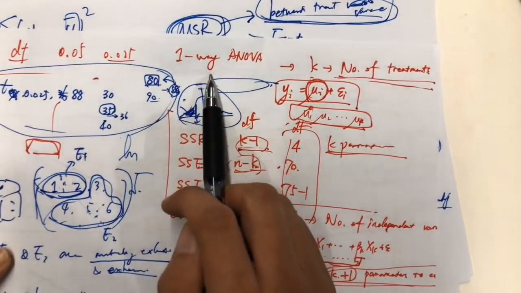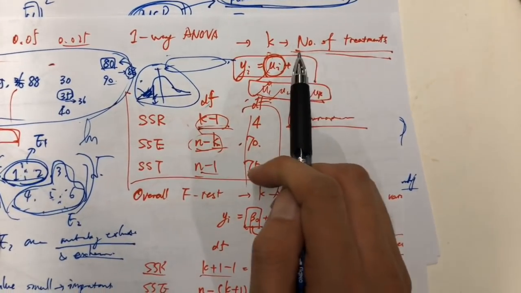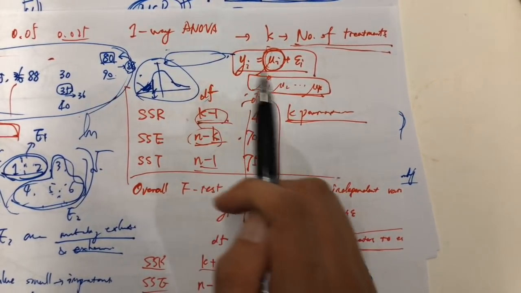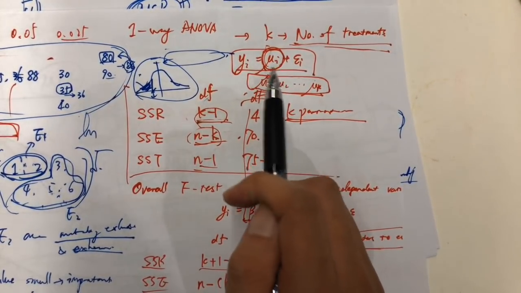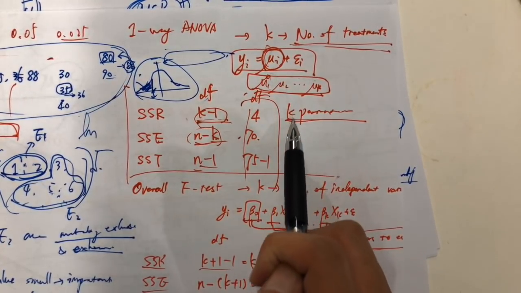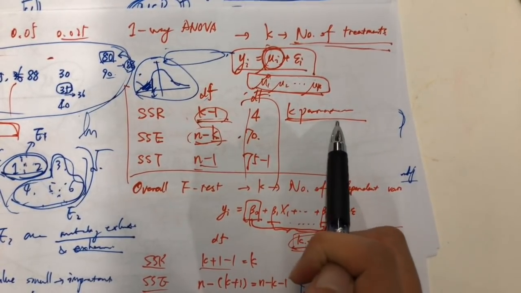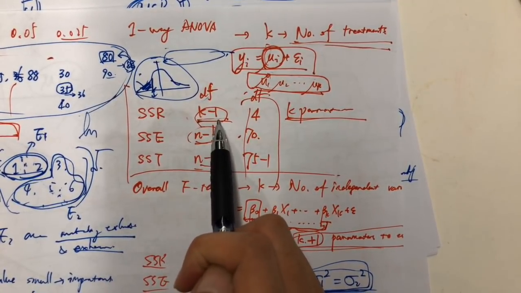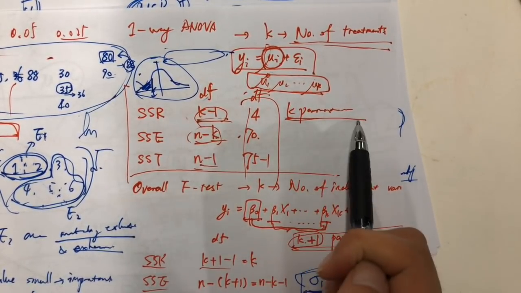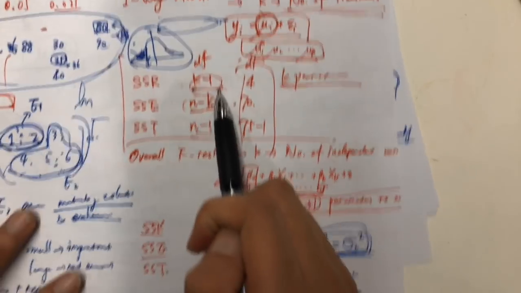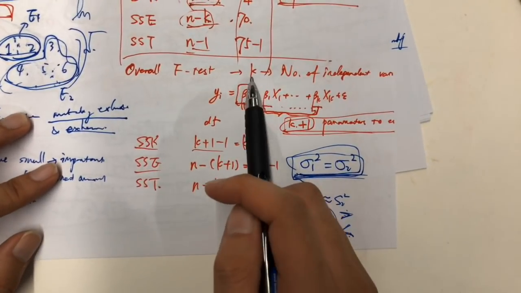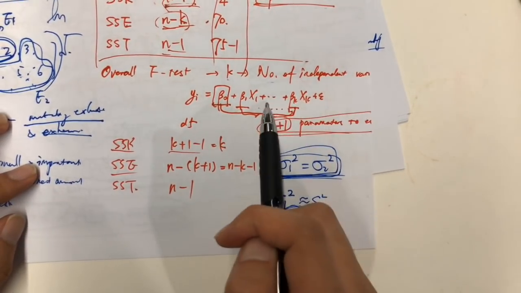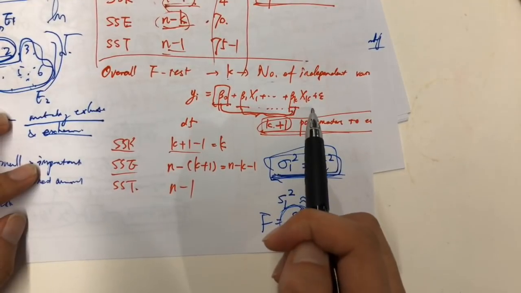So in ANOVA, K is defined as the number of treatments. Therefore, if we want to estimate this model, we need to estimate K different mu's, right? So we need to estimate K parameters. That's why SSR has k-1 degrees of freedom. So it's the number of parameters to estimate minus 1. But for linear regression, k means the number of independent variables.